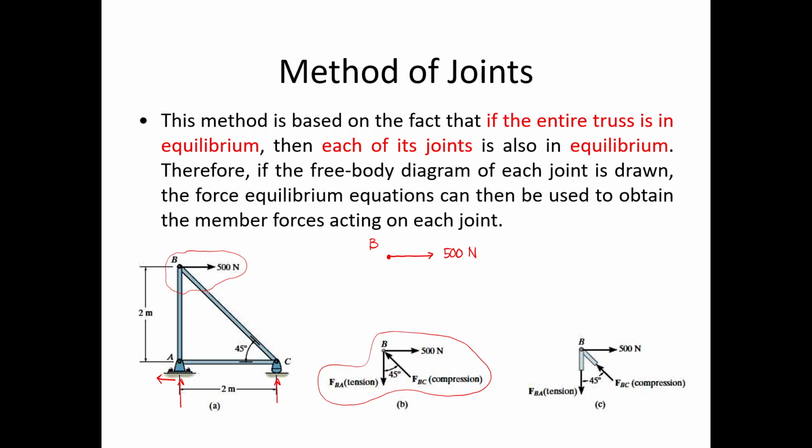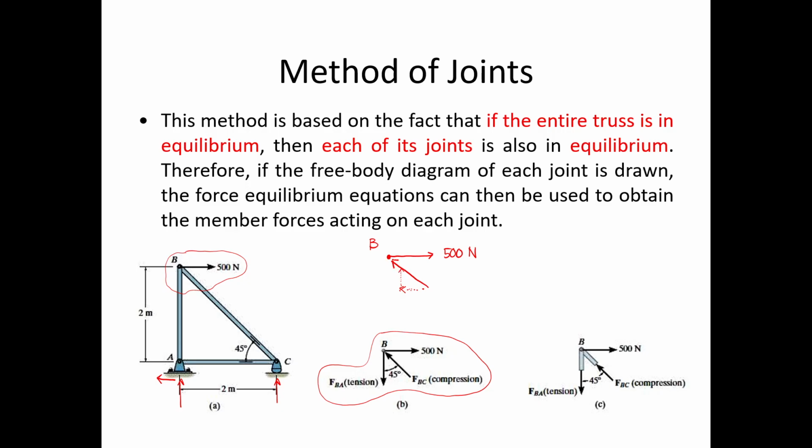Since your members are just one vertical and one diagonal, the force of the other one, to make the joint in equilibrium, should be going to the left. If we break this one into its components, this one is the horizontal going to the left, and this one is going upward.